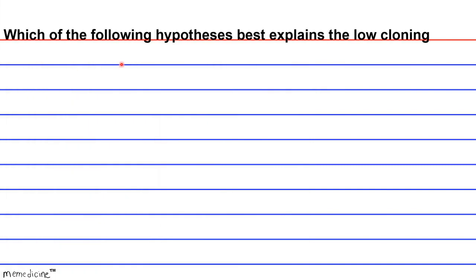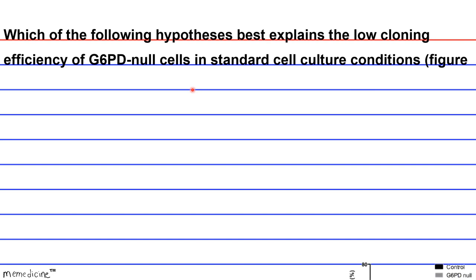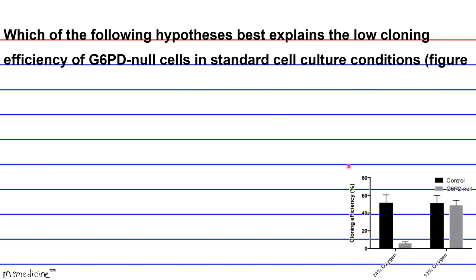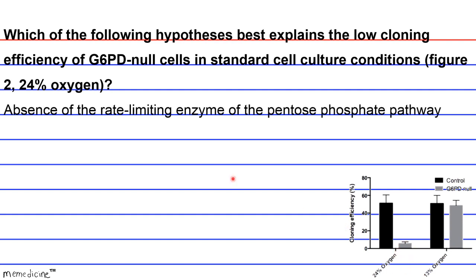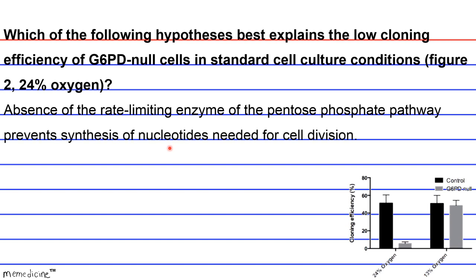Which of the following hypotheses best explains the low cloning efficiency of G6PD null cells in standard cell culture conditions? That would be 24% oxygen. Is it going to be A, absence of the rate-limiting enzyme of the pentose phosphate pathway prevents synthesis of nucleotides needed for cell division?